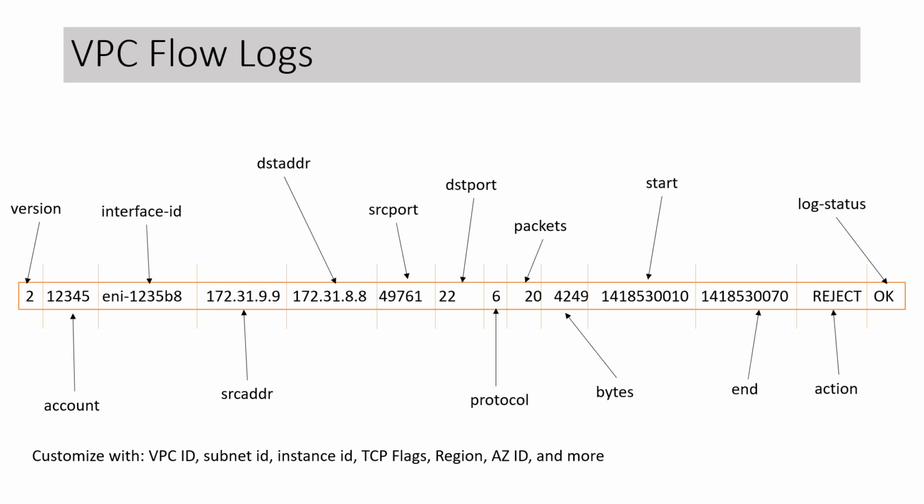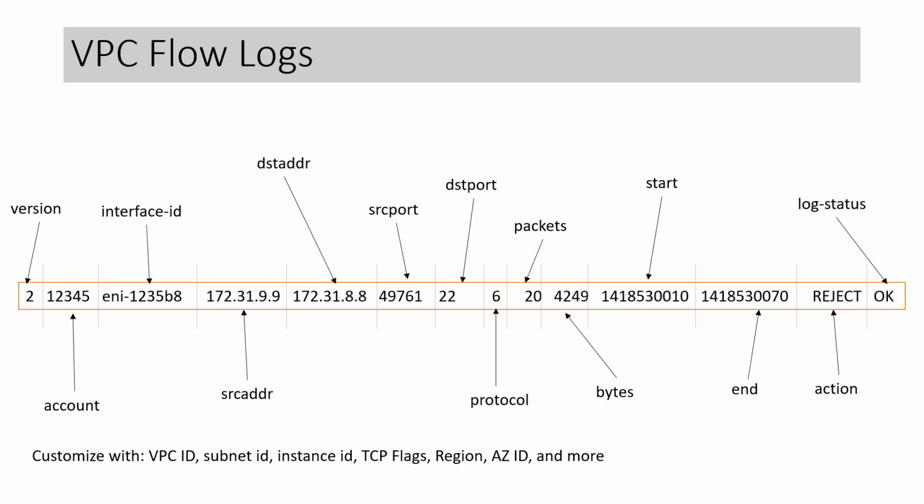You can customize your VPC flow log to have additional information like your VPC ID, your subnet ID, your instance ID. That is great if you are trying to bring logs from maybe CloudTrail and VPC flow logs and you want to put them together. You need something between the two, and the instance ID would be the same between the two. So you could use that to coordinate the data and maybe pull the data together if there's a particular EC2 that you're worried about.